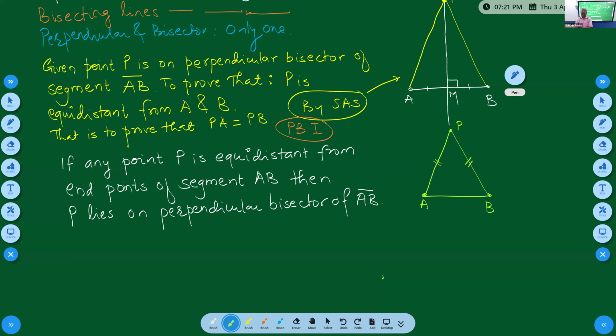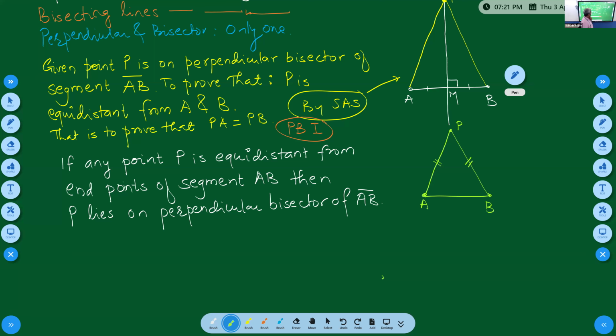Rudresh sir, SSA is not a test of congruence. Now, this is a little difficult because, sir, yes, we have to do some construction.